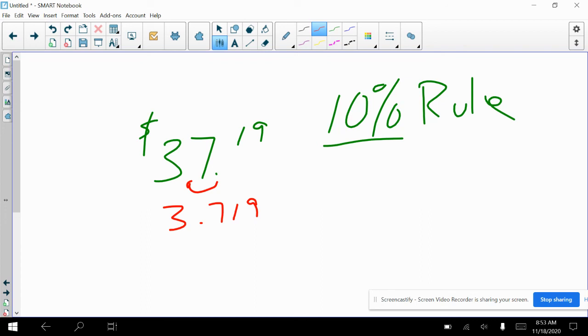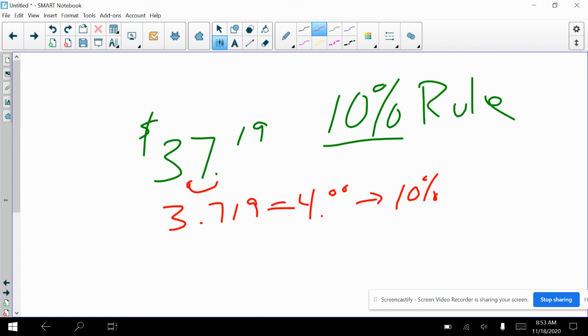Your parents aren't going to leave that as a tip. What will they generally look at and say, how much are we going to leave? Correct. They're generally going to look at that and say, okay, that's close to $4. So again, that's 10%.